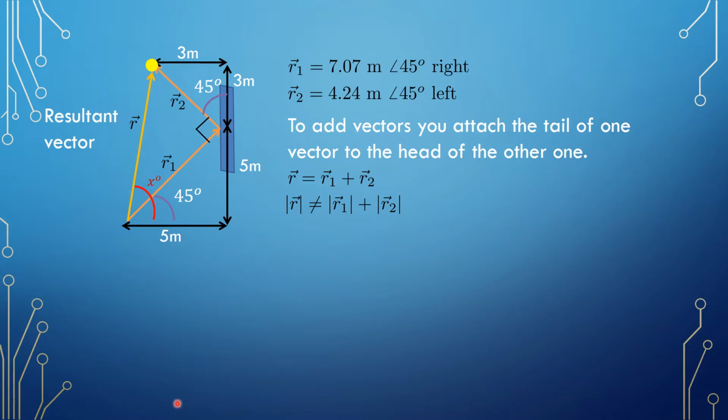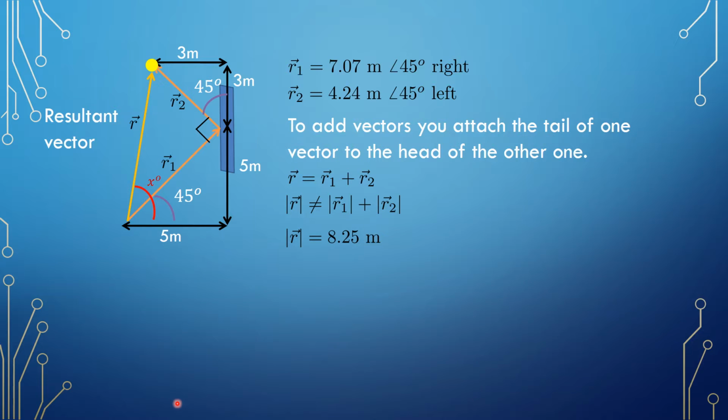The reason for this is because r1 and r2 are not pointing in the same direction. r1 is going to the right and r2 is going to the left. So quite obviously the length of r is not the length of r1 plus the length of r2. The only scenario where this would be true is if r1 and r2 are traveling in exactly the same direction. But in this case, that is not the case.